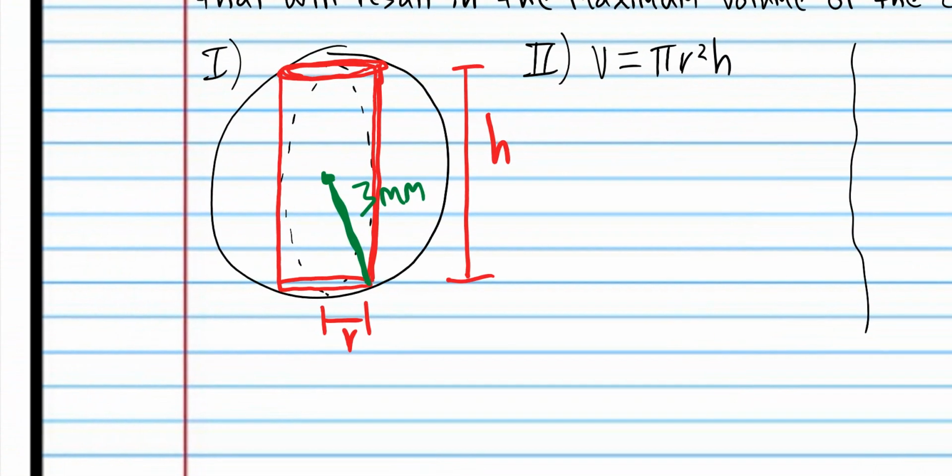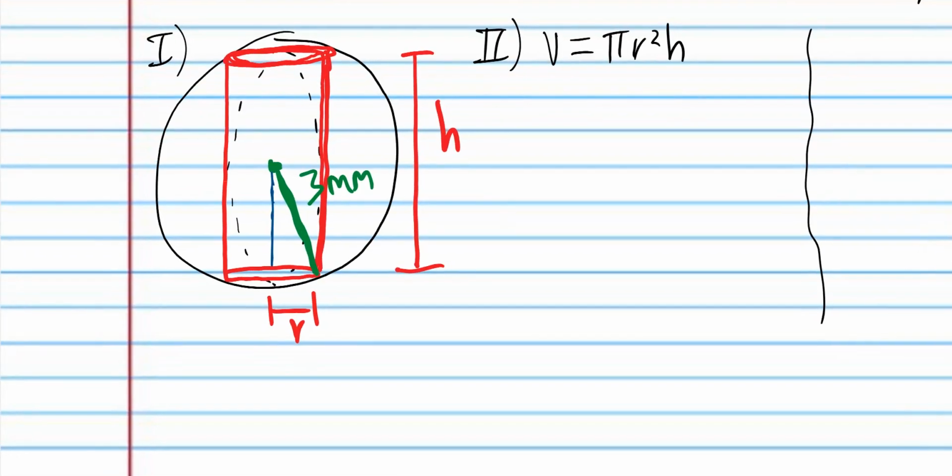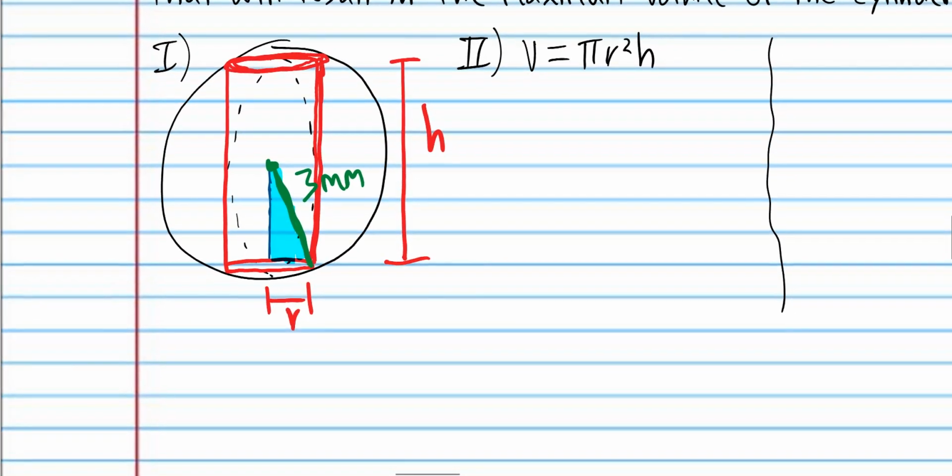I'm then going to drop this blue line down, and do you see that blue triangle there? That blue triangle is something that we can use to get a relation between the height and the radius of the cylinder.